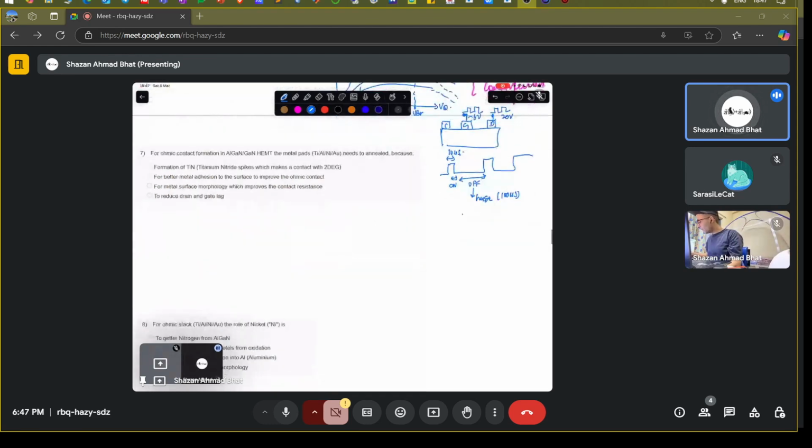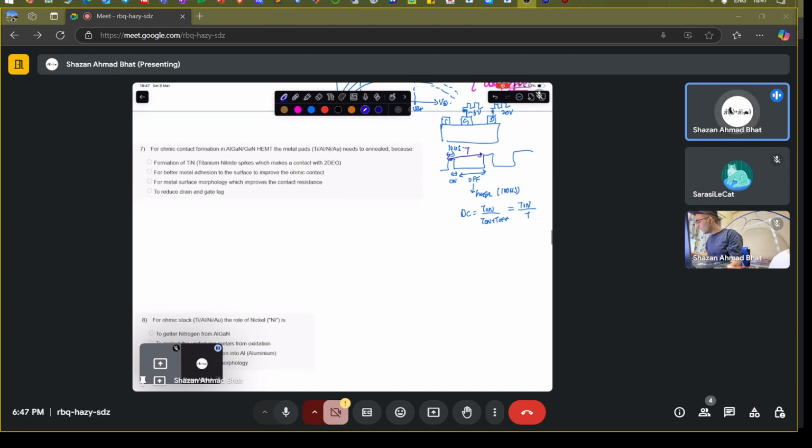So you see the duty cycle, which is basically the on time divided by the total time period, T on plus T off. So duty cycle is how much time it remains on relative to the total time period. So it's very small.